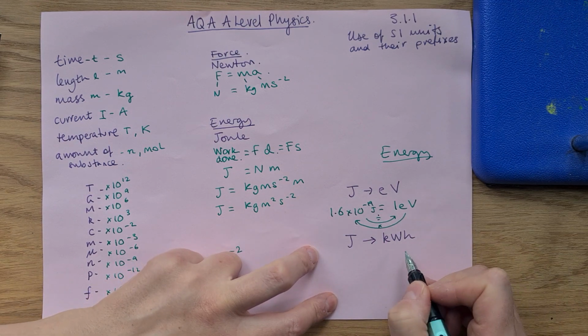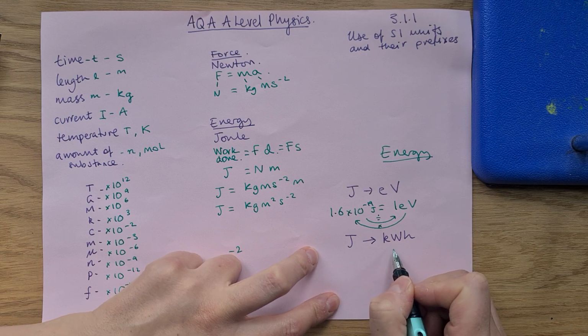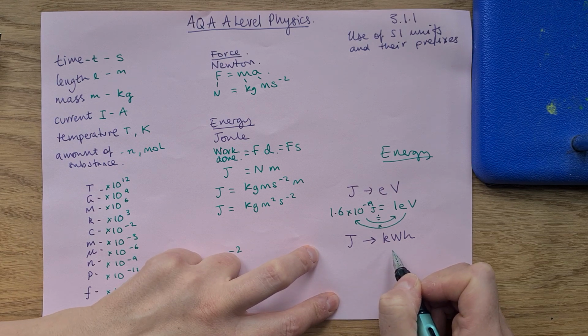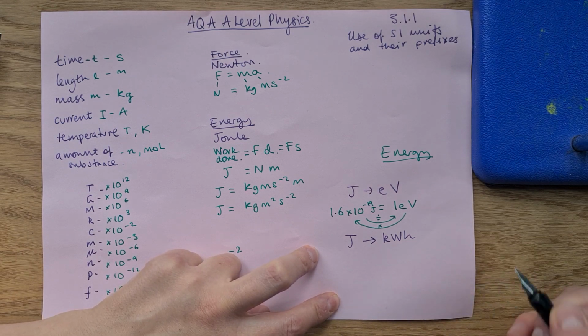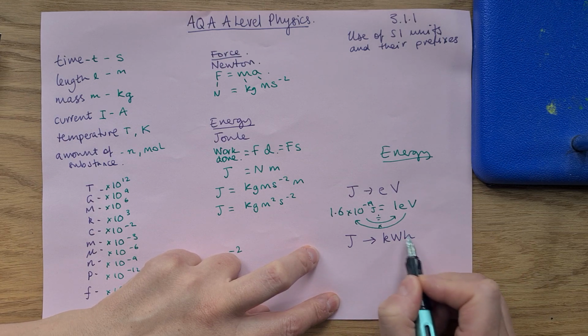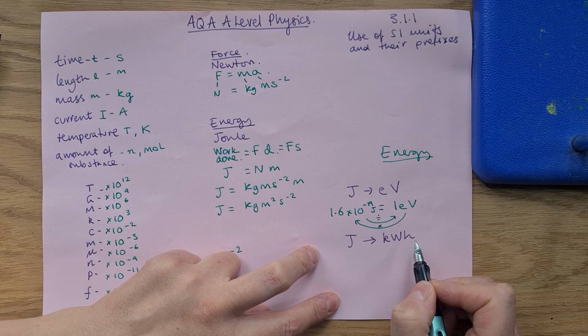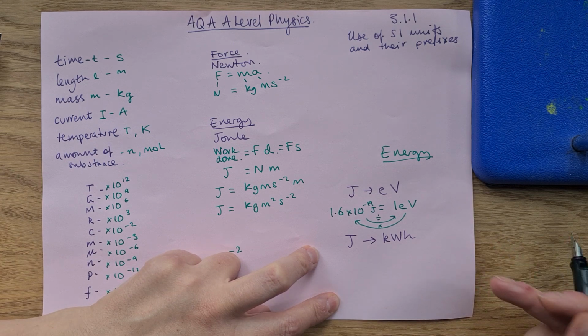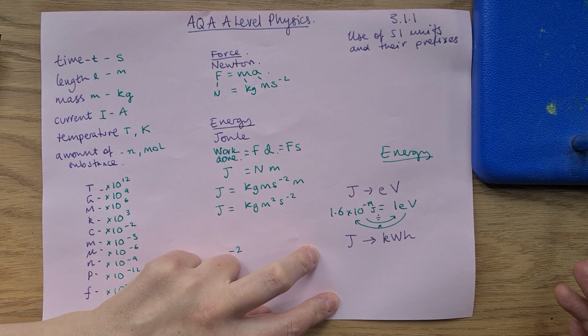Kilowatt hour is slightly trickier. So the kilowatt hour is the energy used by a 1 kilowatt device if it's powered on for an hour. So the easiest way potentially is thinking about the watt hour and what that would represent. So 1 watt is 1 joule per second. And if you use a watt for an hour, it's going to be 1 joule per second for 60 seconds, and then for 60 minutes.